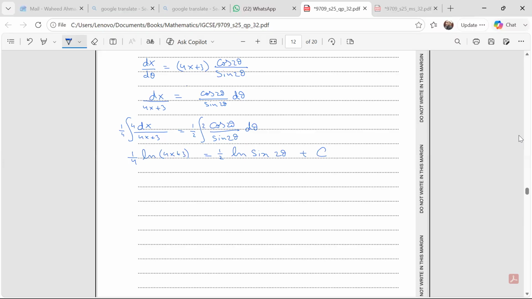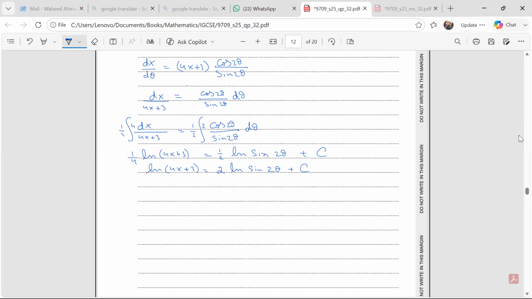If I multiply everything by 4, it will be log of (4x plus 3) equals 2 log of sine 2 theta plus 4c. Now 4c is again a constant, so I can just call it a constant.